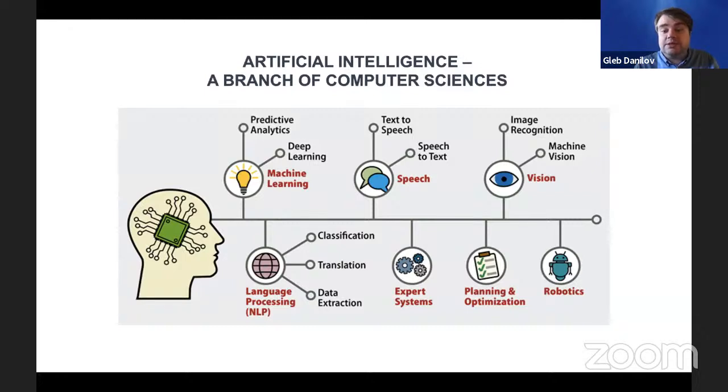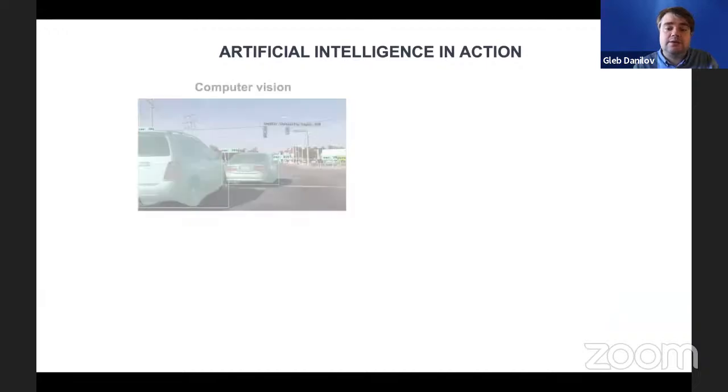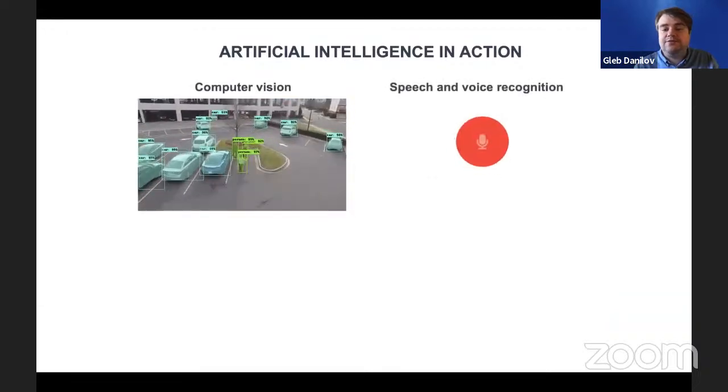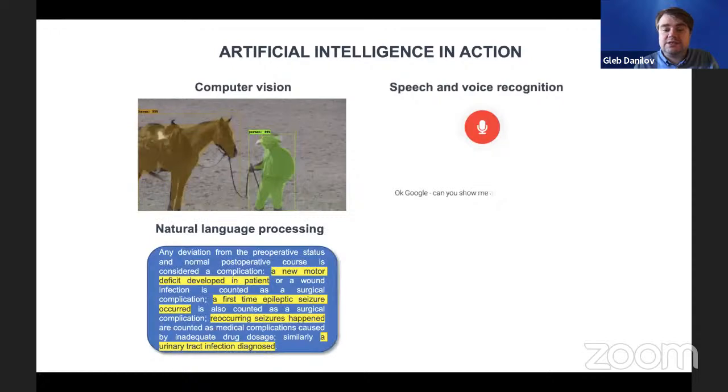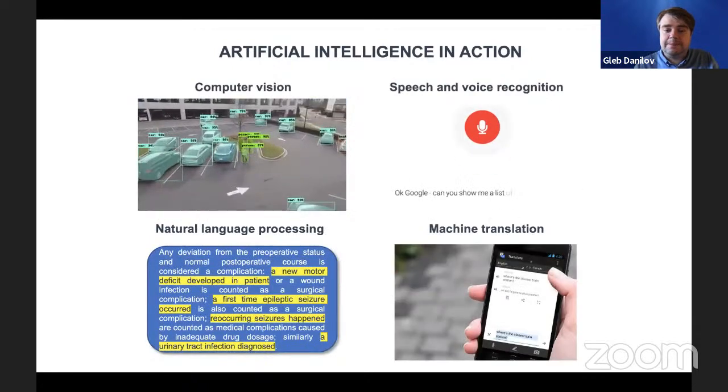In that way, it implies many smart technologies with human-like behavior. The examples of artificial intelligence are well known. They are computer vision, speech and voice recognition, text reading and understanding, and machine translation.